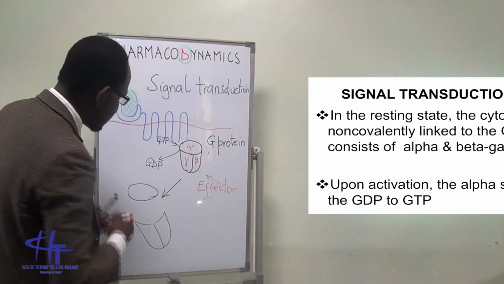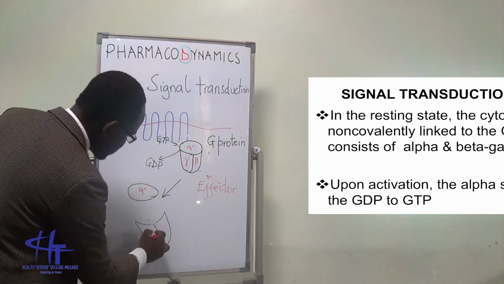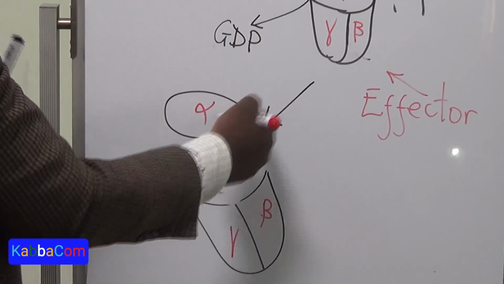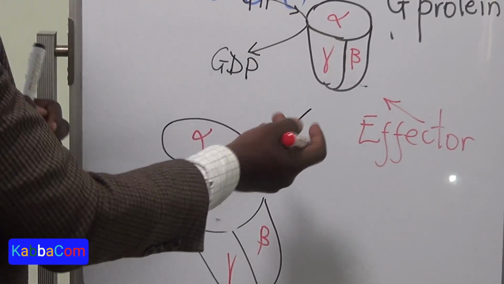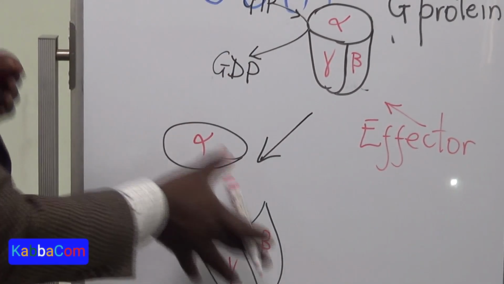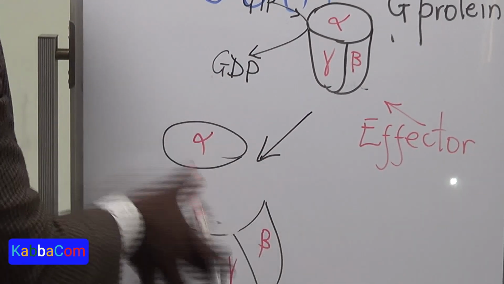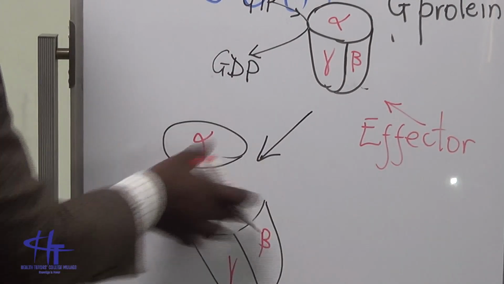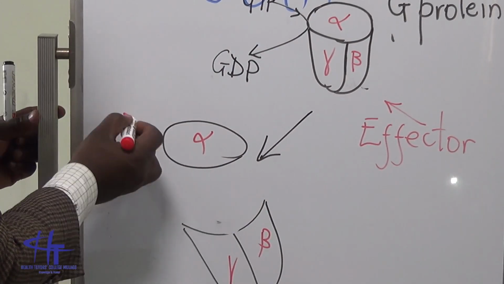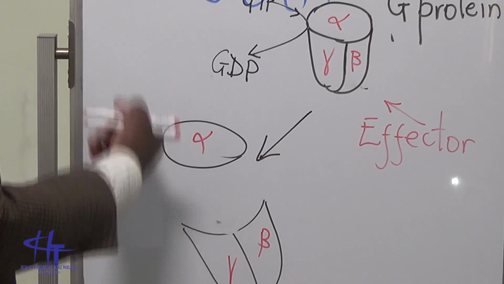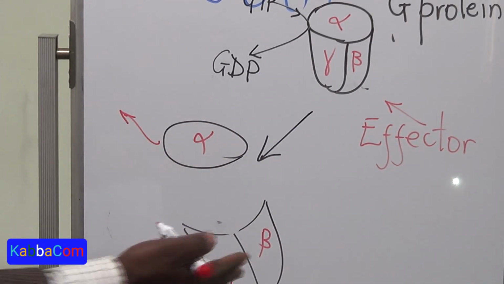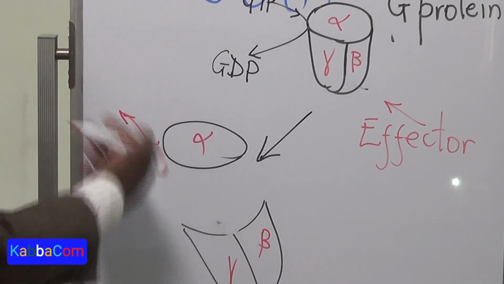Remember, we said this is the alpha, this is the gamma, and this is the beta. Once it gets a GTP, it dissociates from the whole unit, and then it basically goes to effect changes. The alpha subunit goes within the cytoplasm to effect changes.